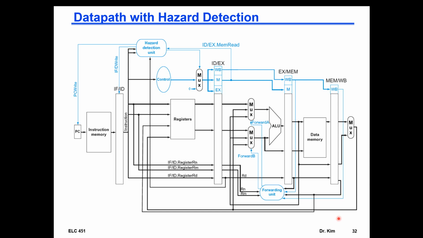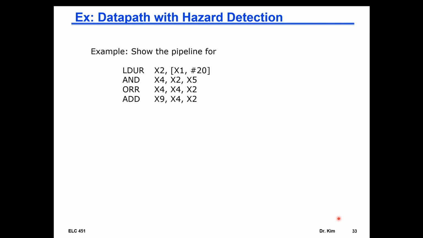So with that, as far as this pipeline is concerned, we are able to deal with all the cases of data hazards that we can have. So let's look at that with a code sequence like we did before. Here we have a load into register 2, and now we are using register 2 as a source. Destination register 4, and here we have a double data hazard on register 4.